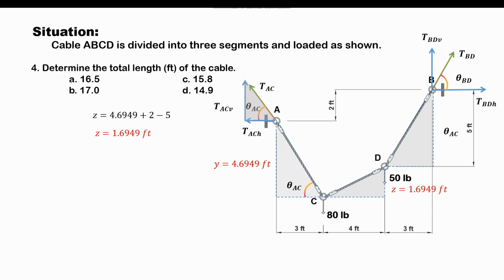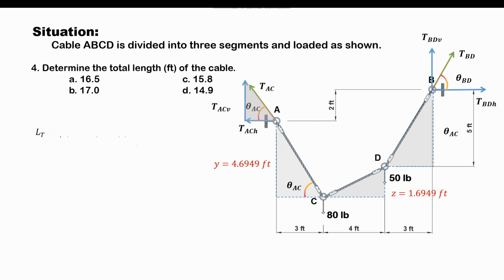Now that we've already computed the dimensions of the formed right triangles, we can compute the total length of the cable. In here, we've denoted the total length of the cable as LT.